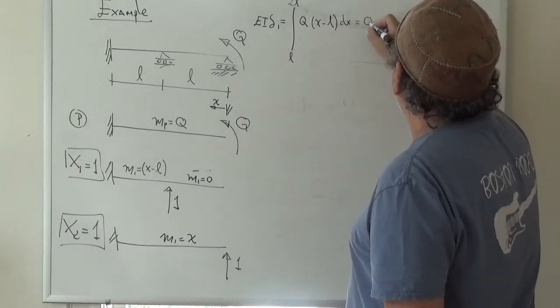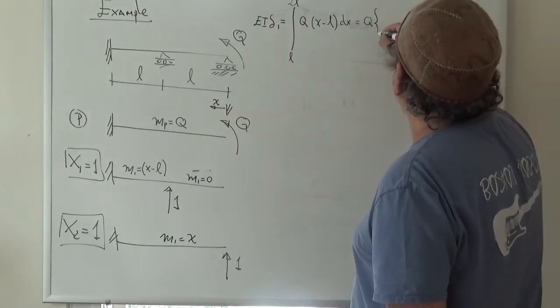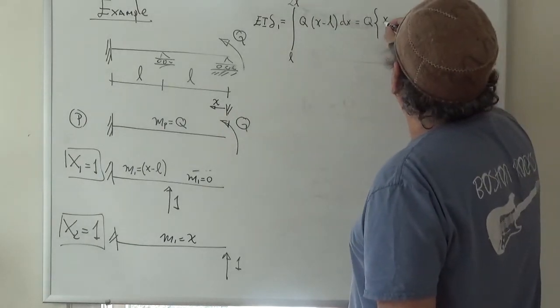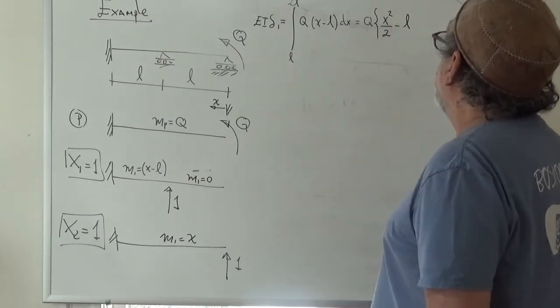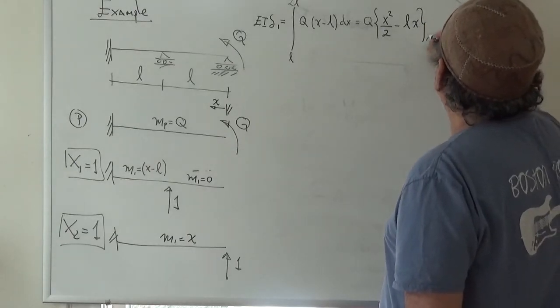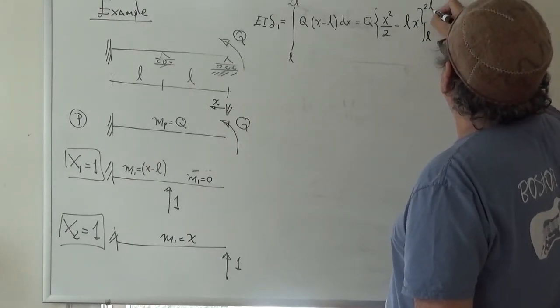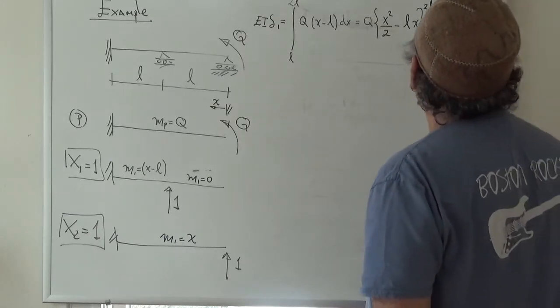Therefore, this is equal to Q times the integral of x minus L dx, which is x squared over 2 minus Lx, between L and 2L, and that's the same thing as Q.